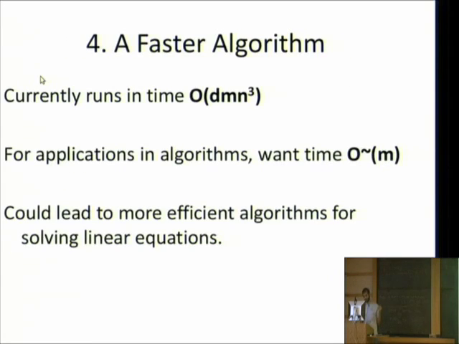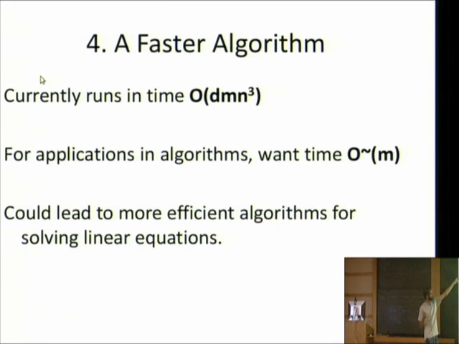Okay, so a more computational question is, currently this algorithm takes n to the 4th time. If you want to use this to speed things up, there are a lot of papers in computer science about speeding up computations by turning some dense object into some sparse object. If you really want this to be useful for really efficient algorithms on very large graphs, you want this to run in time nearly linear in m, which is the number of edges or the number of outer products.